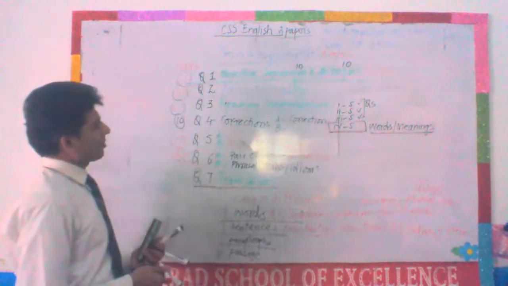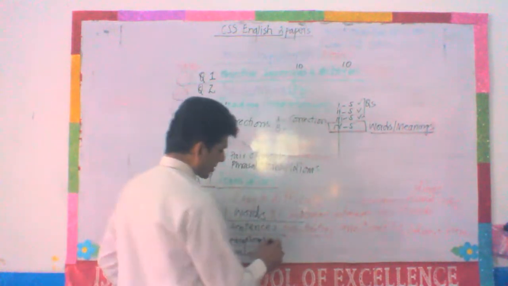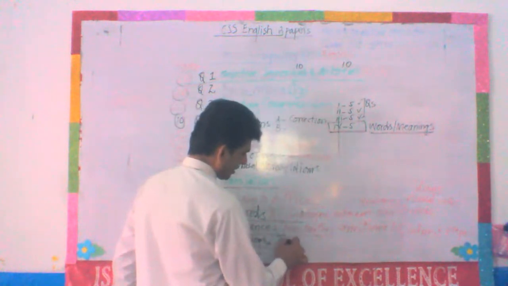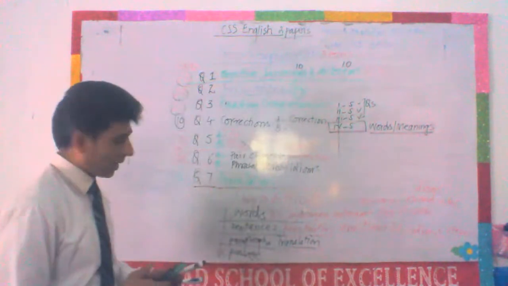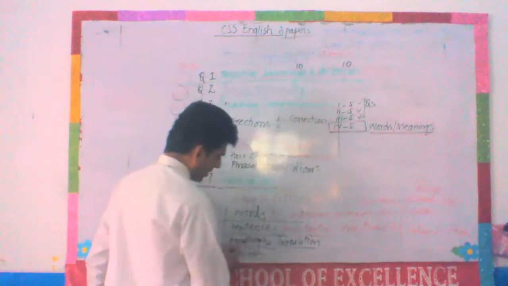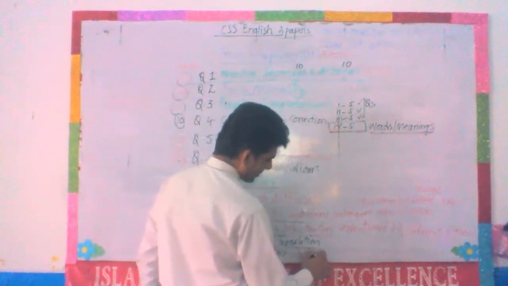And then comes paragraph. Paragraphs, that is translation. Here, you will have to start translations. And passage: this is Tracy and reading comprehension.